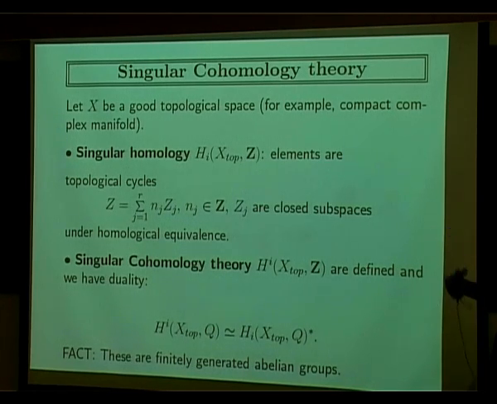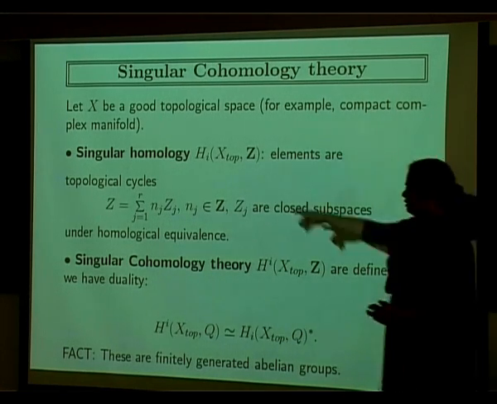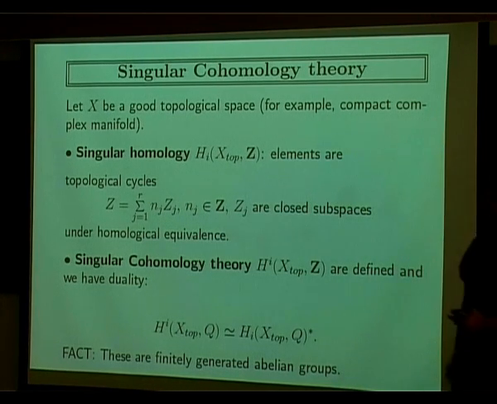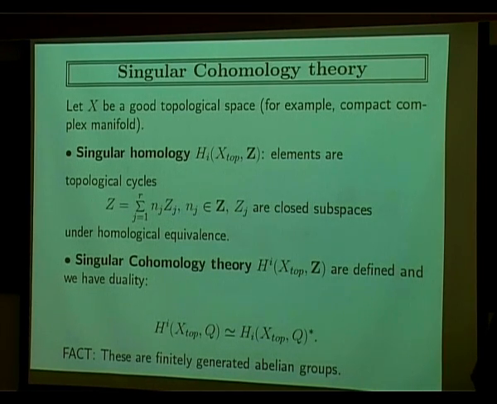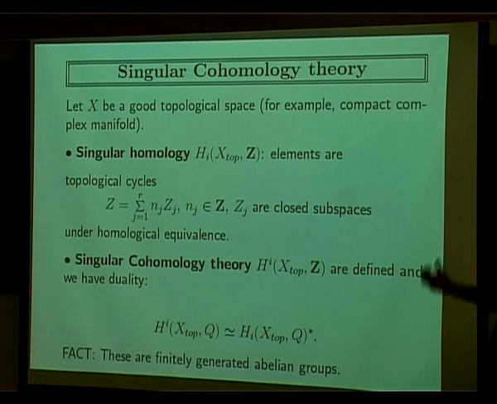For good topological spaces like a compact complex manifold, you are just taking the collection of closed subspaces of a particular dimension, and then you put another equivalence, because if I just take the collection of all closed subspaces and a formal linear combination of them, then I get a group structure on such collections, but this is still going to be very bad.